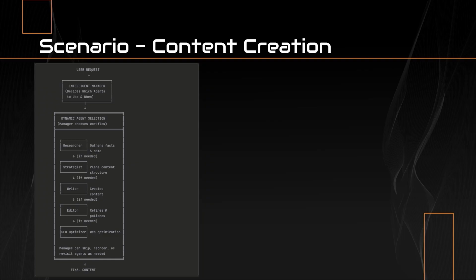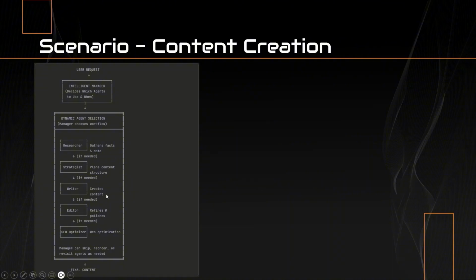So this dynamic agent selection will happen, and the manager chooses the workflow you need based on the agent descriptions and instructions. So for content creation, as you can see, I have a researcher agent for gathering facts and data. If needed, it will go for a strategist, who plans content structure. If needed, it will go for a writer, who creates content.